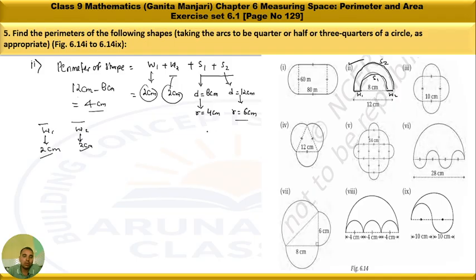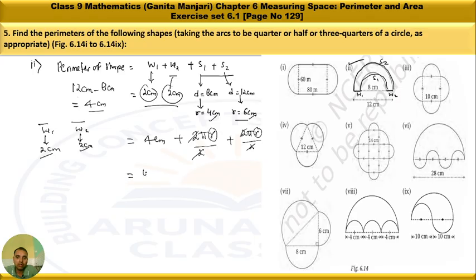Now we will find the lengths of S1 and S2 by the formula. We can see here 2 plus 2, it is 4 centimeter for width 1 and width 2, plus S1. The semicircle length is 2 pi r upon 2, which cancels out to pi r, plus 2 pi r upon 2 cancelled to pi r, but here the radius is 4 and here the radius is 6.